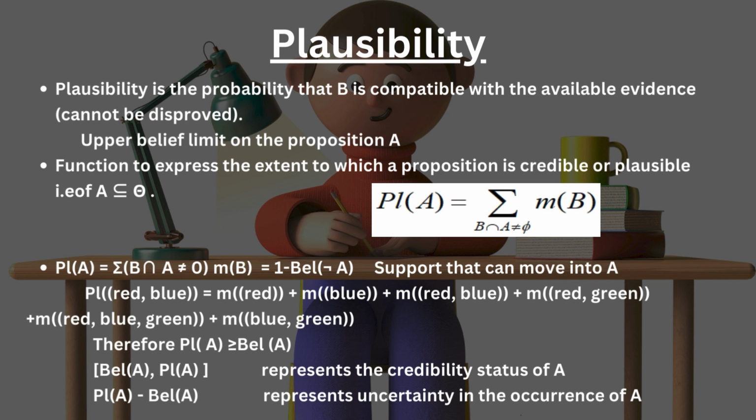We are trying to guess the color of the car. So, calculating the plausibility for red and blue will be equal to, as we have discussed, the basic probability assignment for red added with the basic probability assignment for blue, added with the basic probability assignment for red blue, added with the basic probability assignment for red green, and the basic probability assignment for red blue and green.